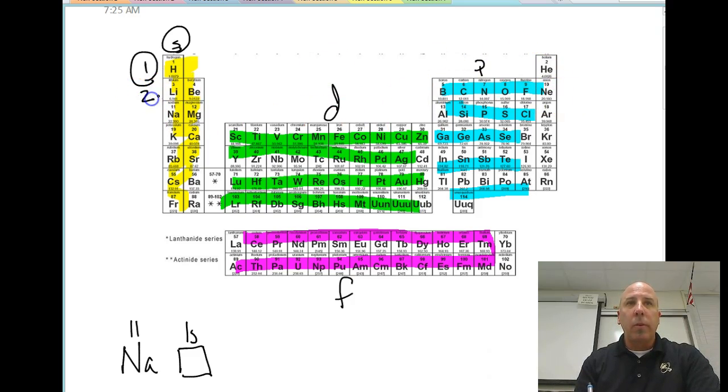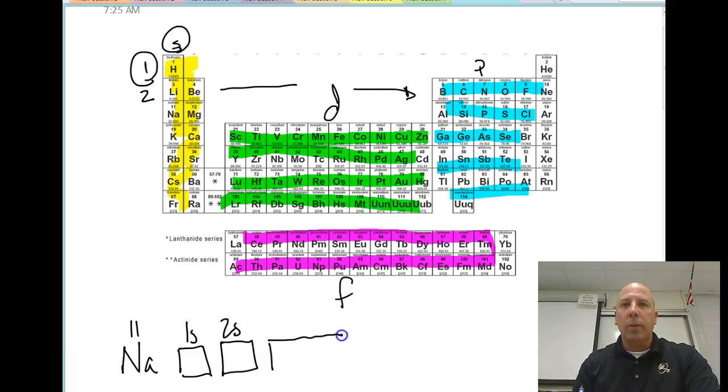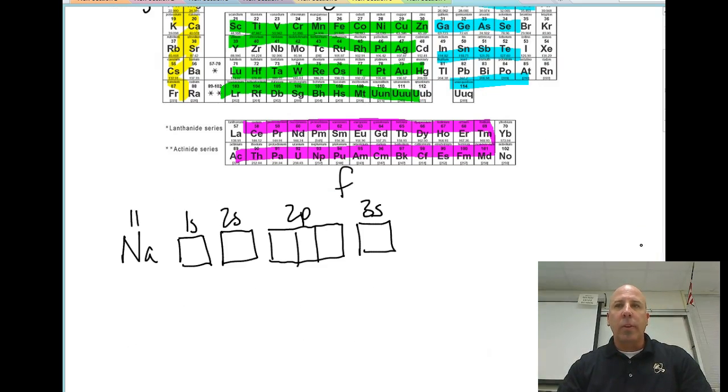We come down to period 2, still in the S block, so that's our 2s. We go straight across, still in period 2, and now we enter our P block, 2p. We wrap back around to period 3, and there's our sodium, so there's going to be our 3s.